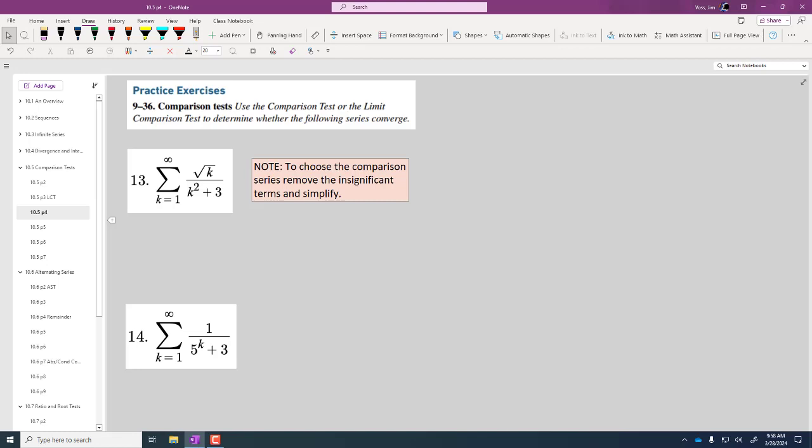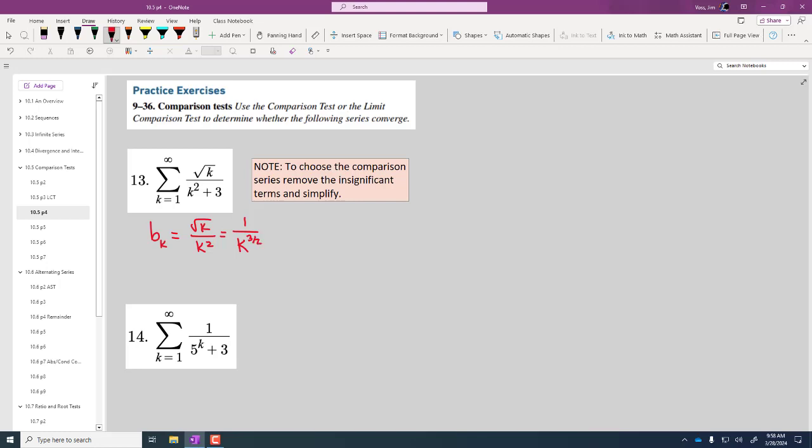When we look here, the adding of the 3 is insignificant, so we think of this as k to the half over k squared. What we want to choose for our b sub k is to simplify this. We're going to take away that 3, and then simplify, and this will turn into 1 over k to the 3/2 power.